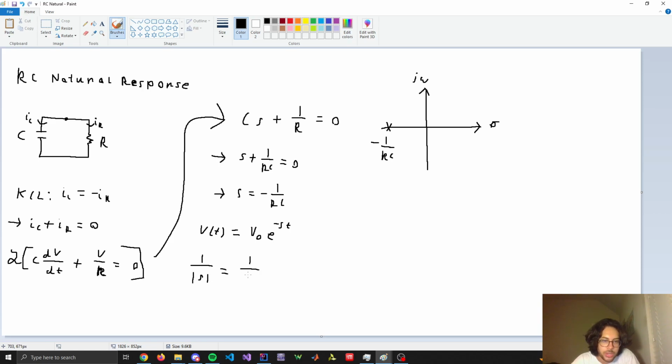So that's 1 over 1 over rc, and we're left with just r times c. So this number is also called tau, or the time constant, which is measured in seconds. The unit is seconds. So put these brackets and note that it's in seconds.